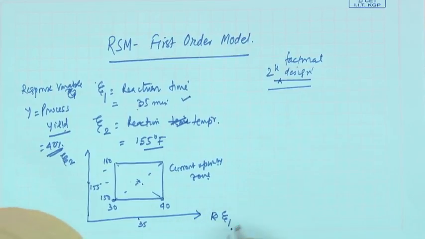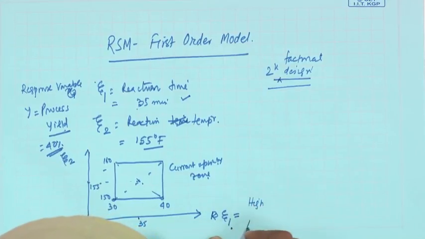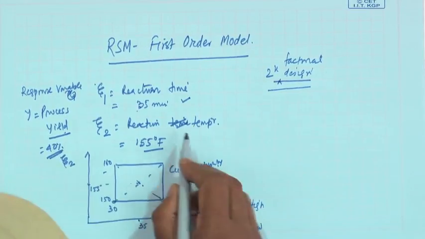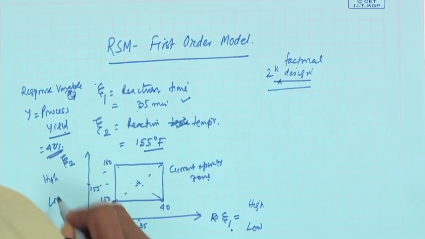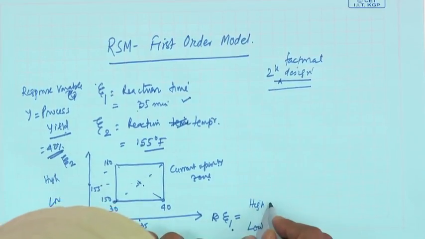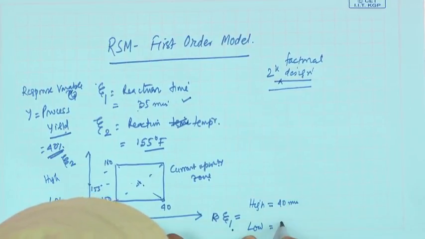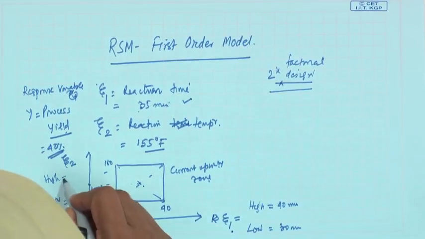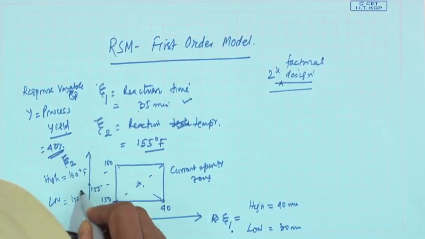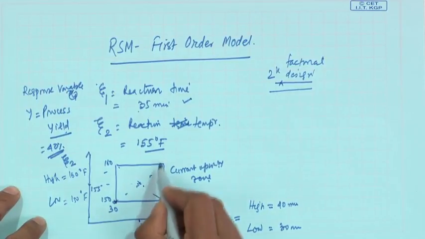Suppose we create reaction time high and low, and for reaction temperature also high and low. If we assume that reaction time high is 40 minutes and low is 30 minutes, and low temperature means 150 and high means 160 degrees Fahrenheit, then you get the 4 factorial points.